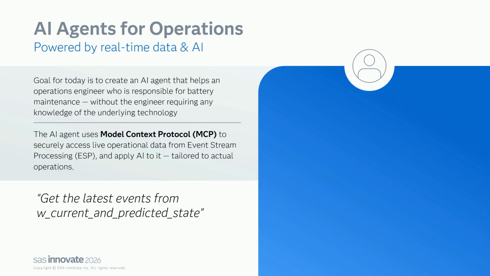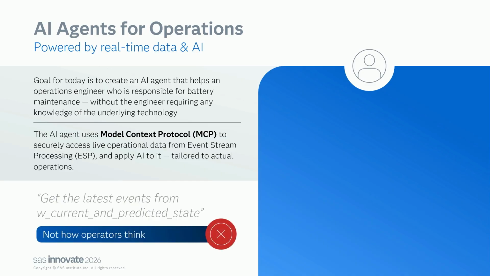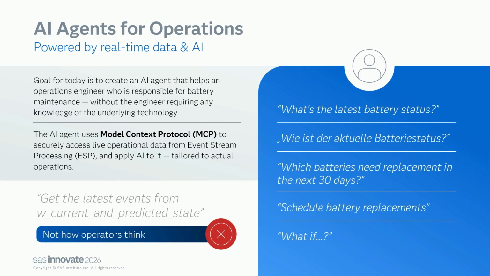That's not what we want. We want the operations engineer to be able to ask meaningful questions. Questions like, what is the latest battery status? Or ask that question in German. Or help me to find out which batteries need replacements, or even schedule these battery replacements for me. Or what if XYZ changes?